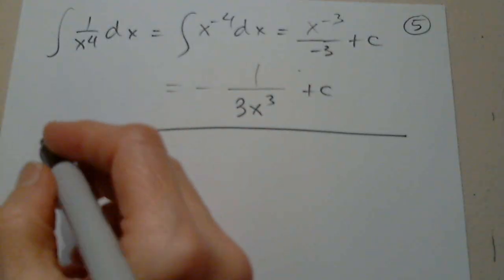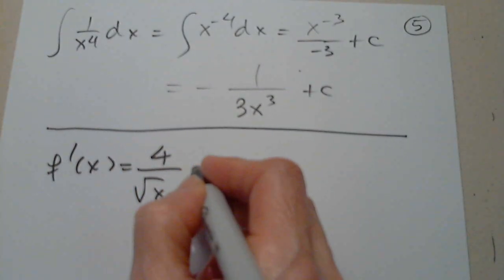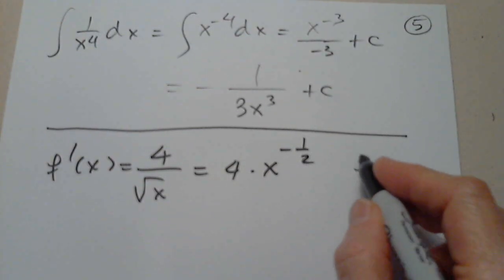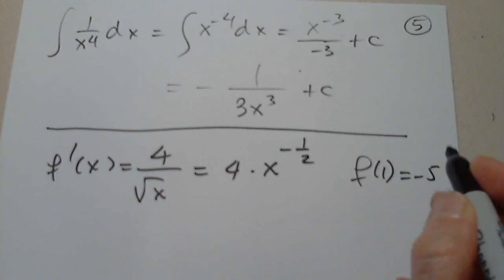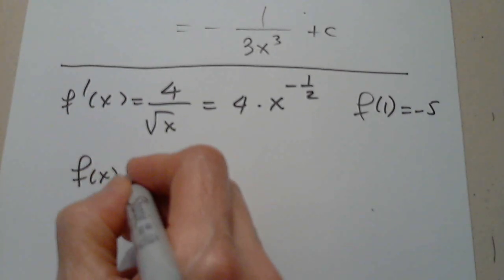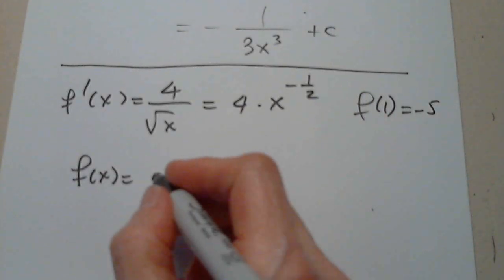Yes, very good. So I have f prime of x, which is 4 over the square root of x, but this is really 4x to negative 1/2. And we are told that f of 1 equals negative 5. We're asked to find the function. So you can just integrate, or just find the most general antiderivative.